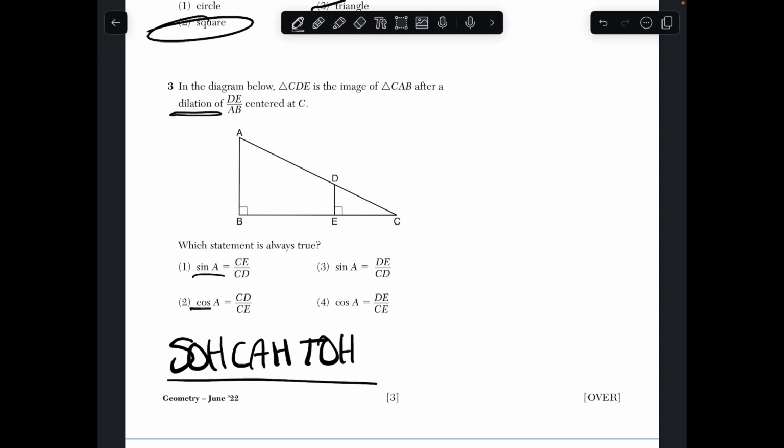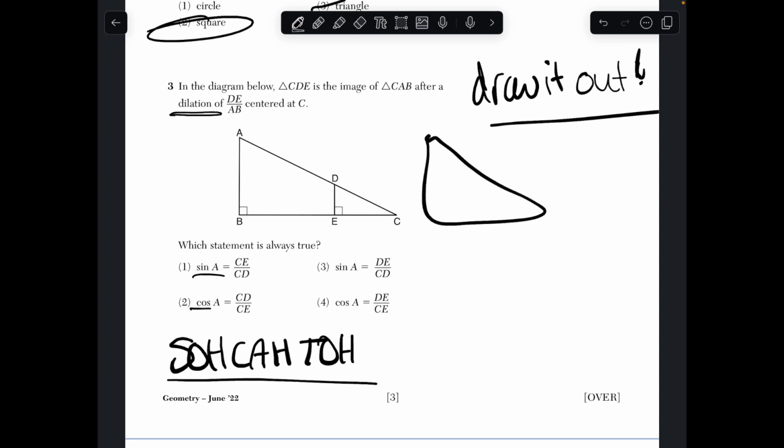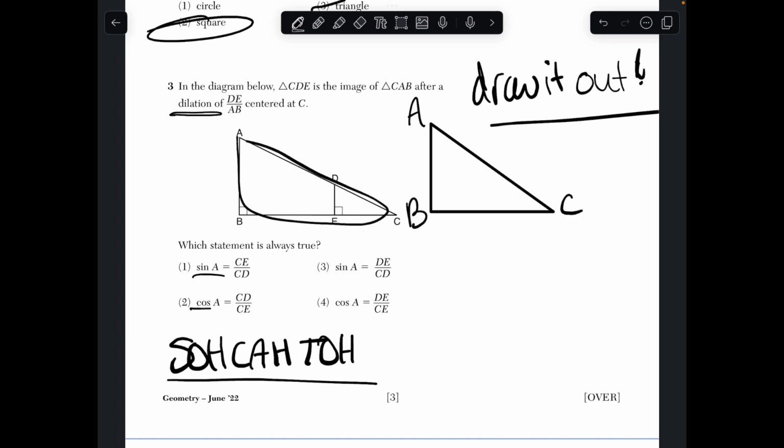Now, this problem a lot of students would just guess on, but I really emphasize drawing it out. Visual is really important in geometry, and it helps me, and I find a lot of students. Okay, so we're going to draw the big triangle, CAB, this one right here, and we're also going to draw the little one, DEC.